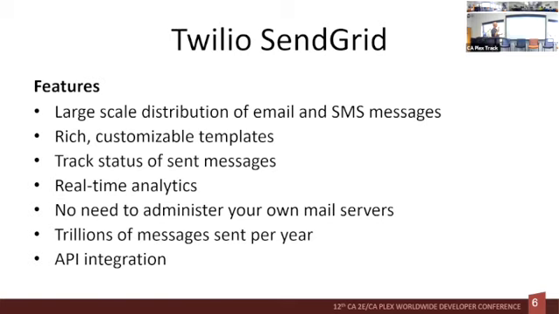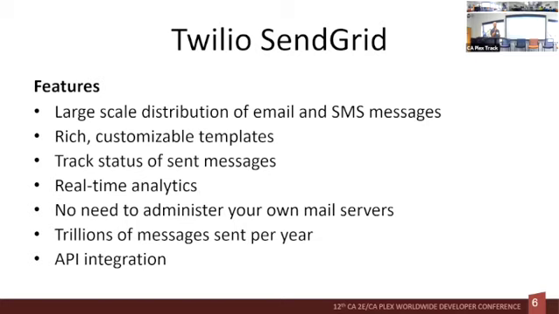One of the key features of SendGrid is that it can track the status of the messages. So it knows when a message is delivered or if it's been blocked. It knows if you've opened any links in the email or if you've unsubscribed.